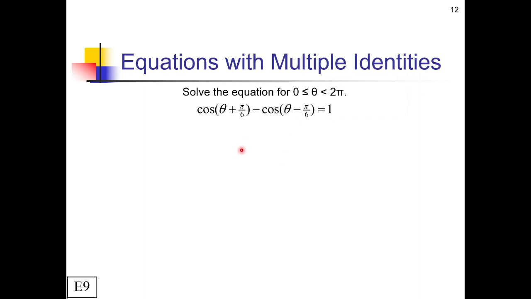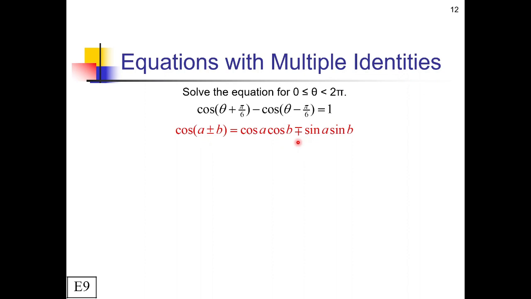All right, so we have two different identities, but they're not that different, right? They're both cosine identities. So I'm just going to rewrite my cosine identity a little fancier than I used to. So cosine of A plus or minus B, we know that's going to be cosine of A and cosine of B. We know that the sign between these things is going to be the reverse of what we started with.